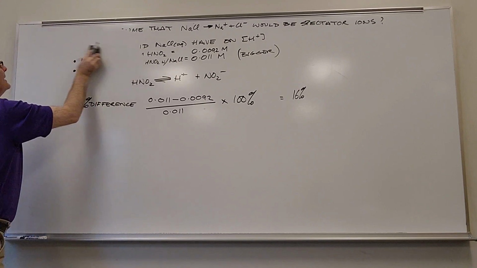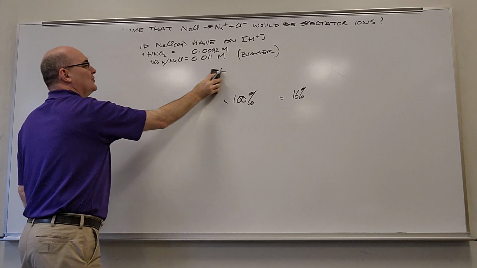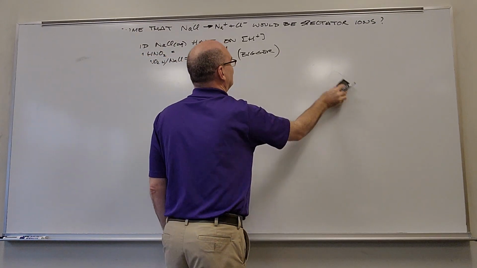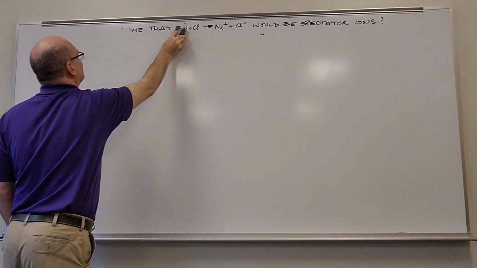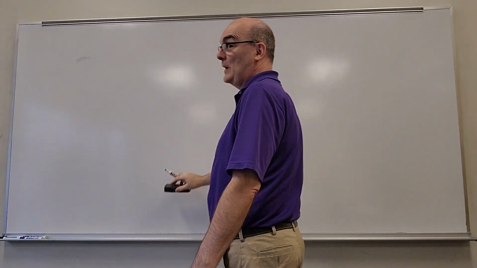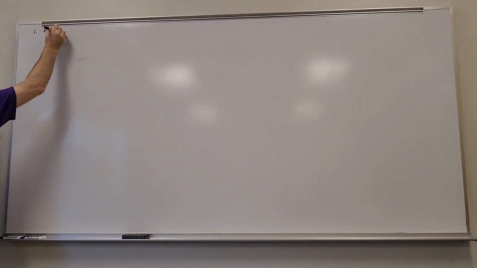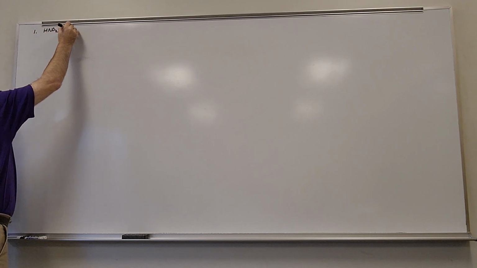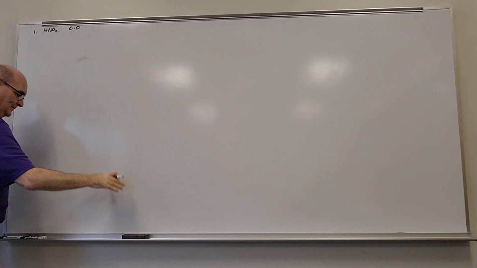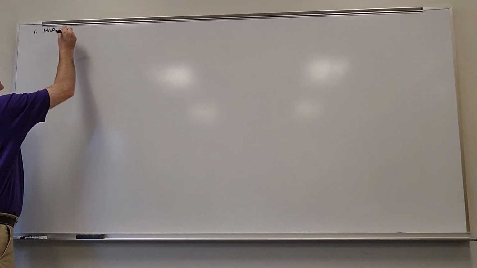All right. Let's do it again, but we're going to change the impurity. So technically, what's coming up now is part 4. Part 1 was just HNO2, and it was at 0.15 moles per liter.